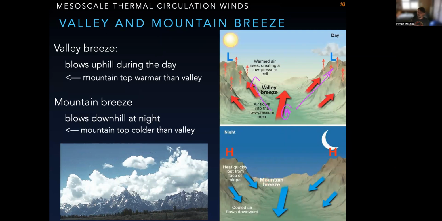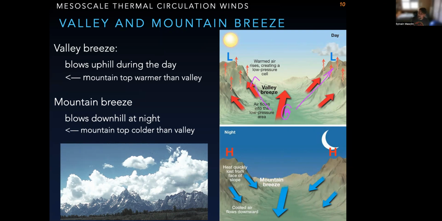So at that time, we don't observe clouds because you do not go into condensation. But that is a typical breeze that we tend to observe in the mountain: the valley breeze in the morning, the wind that goes from the valley to the top part of the mountain, and at night, the mountain breeze, where the wind comes from the top part of the mountain towards the valley.